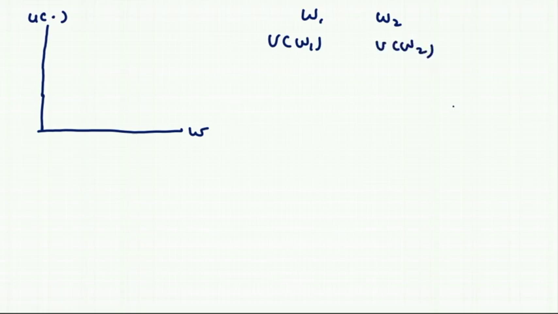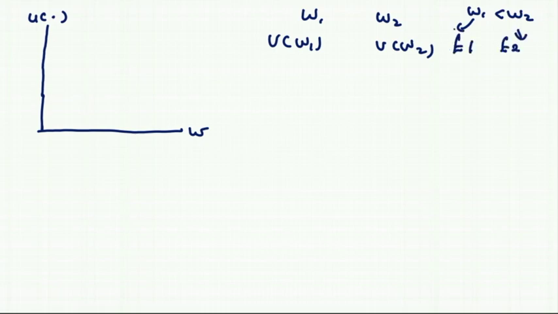Do you get me? So wealth 1 gives the decision maker satisfaction at the level of UW1. Wealth 2 gives the decision maker utility or satisfaction at the UW2 level, such that W1 is less than W2. So probably this one is 1K and this one is 2K.